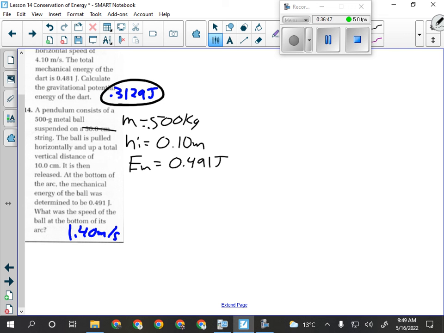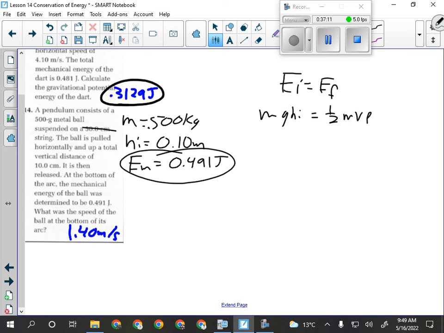I don't have to do this whole EI equals EF thing. Sure, I can write this out and say EI equals EF, but if that's the case, that number is both of them. Would you agree? So I don't have to go through this whole thing where I go mgh initial equals 1/2 mv final squared and do all the manipulating. I could, I'll get the same answer, but why?